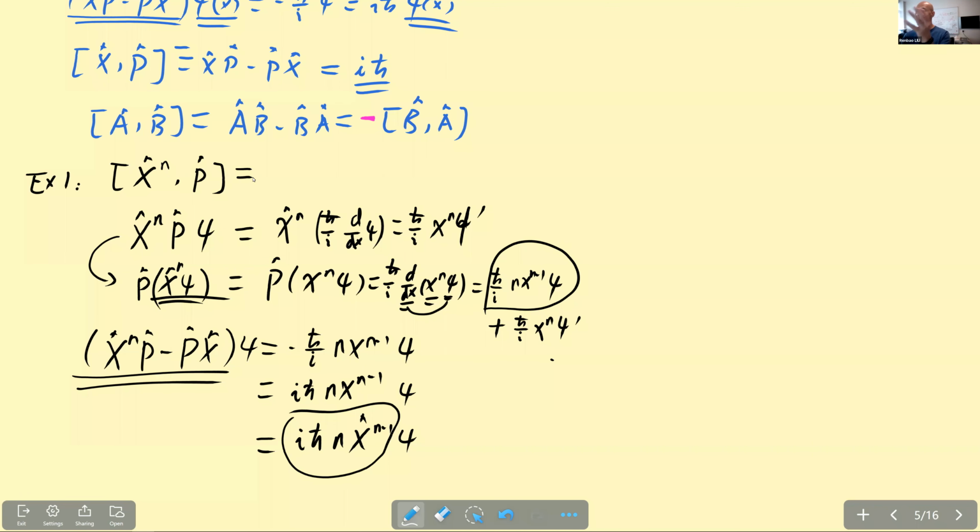That means the commutator between the x operator to the nth power and the momentum operator is nothing but i h bar n and the x operator to the power n minus 1. And you can check if n equals 1. This is just a special case of this, right?